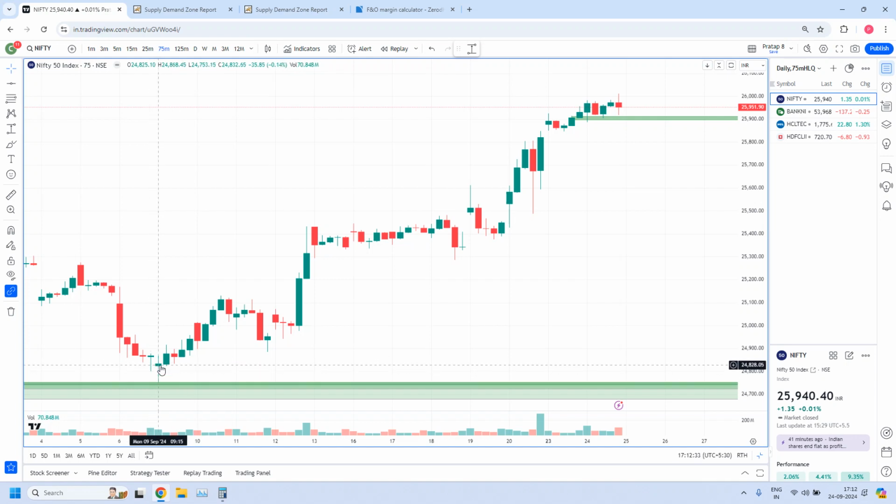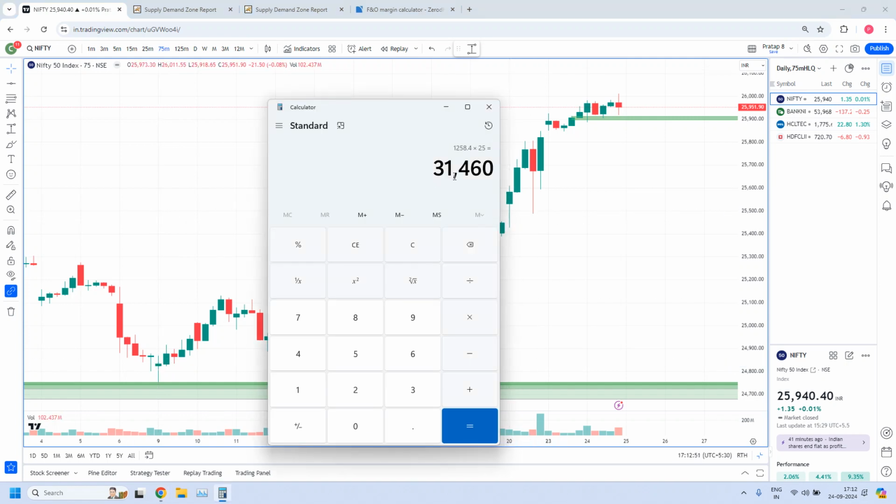This is on 9th September, and today it is 24th September. You took the trade on 9th September. That means 15 days. Within half a month, you would have got 31,460 rupees profit. As a rounded value, let me say 31,000 rupees profit.